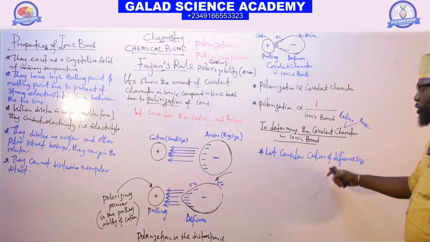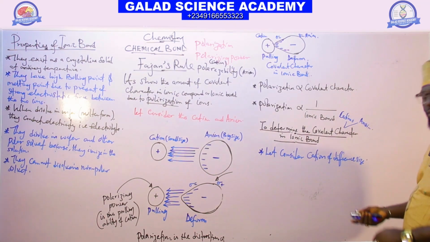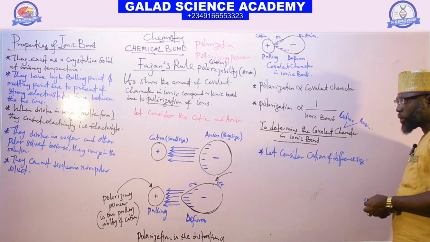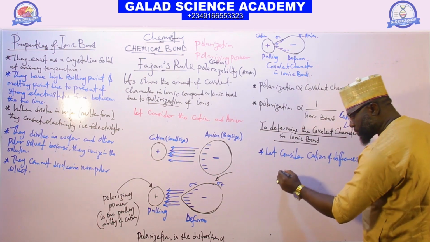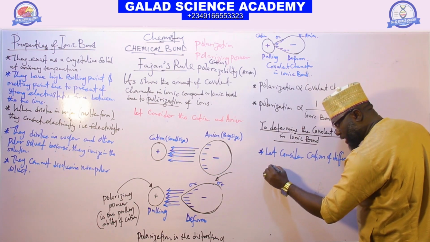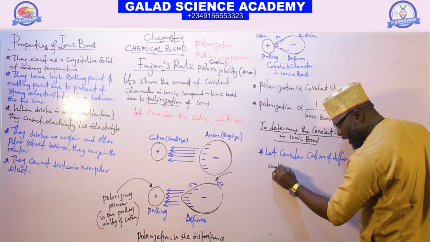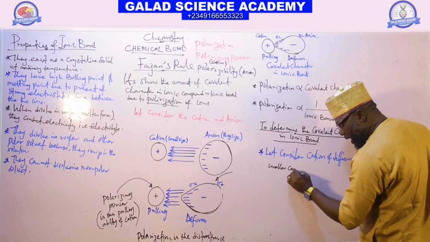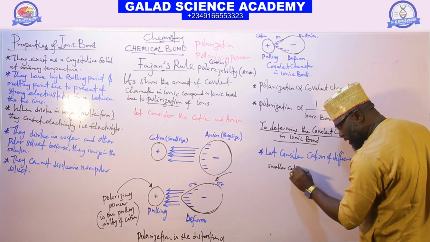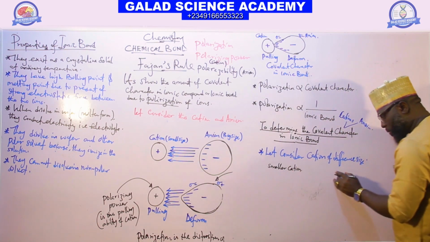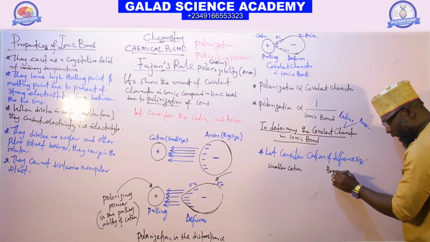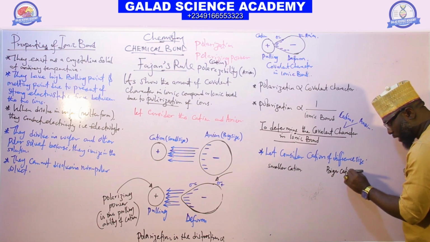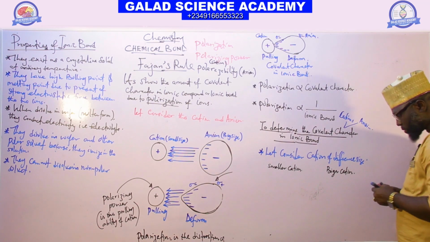After that, we will move to the anion too. So consider cations of different size. If we have a smaller cation, and here we have a bigger cation.